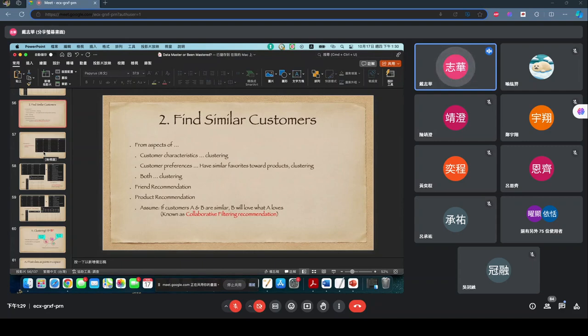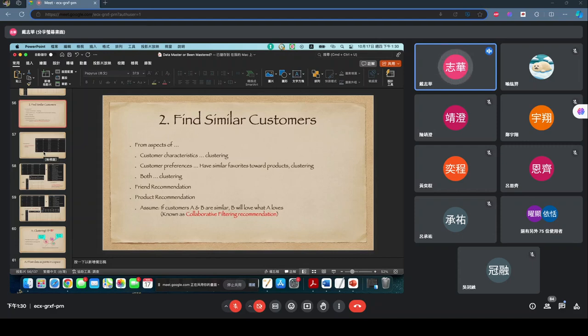In that high dimensional space, we could use a distance function to define how similar a product, or we say a data object, is to another data object. This is similarity.